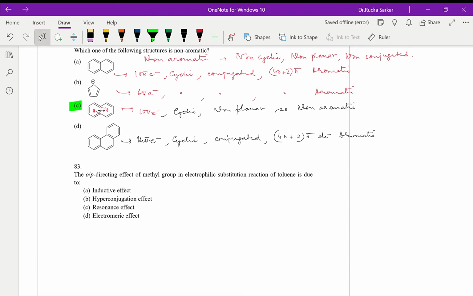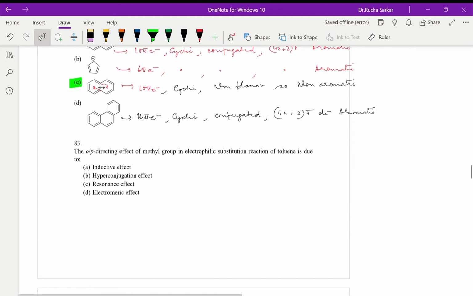Next question: the ortho and para directing effect of the methyl group in the electrophilic substitution reaction of toluene is due to? So over here let us think of a toluene system, and there is the CH3 group.